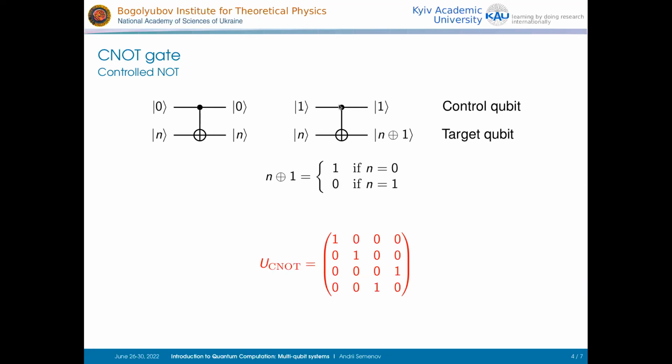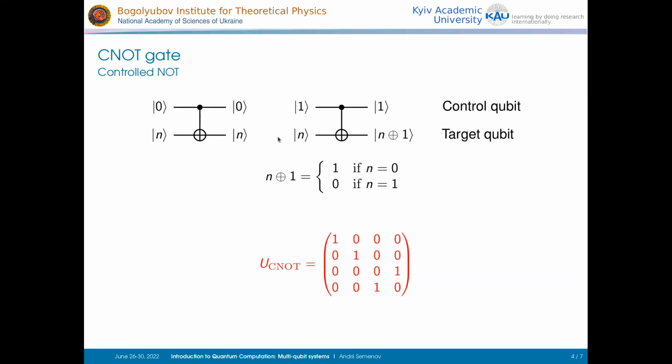And here we have such a designation for this CNOT gate. So this is for the control qubit, and this is for the target qubit. For the target qubit, this is the same as for the NOT gate.